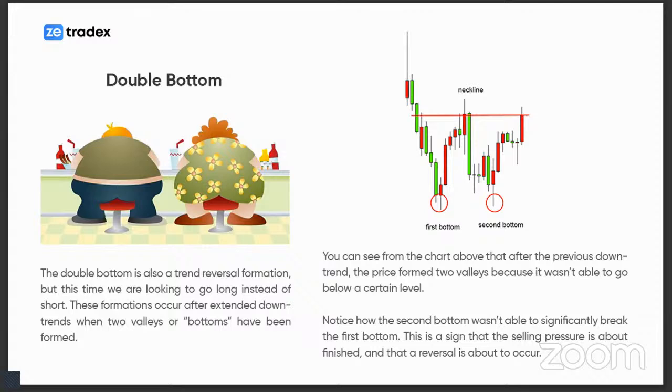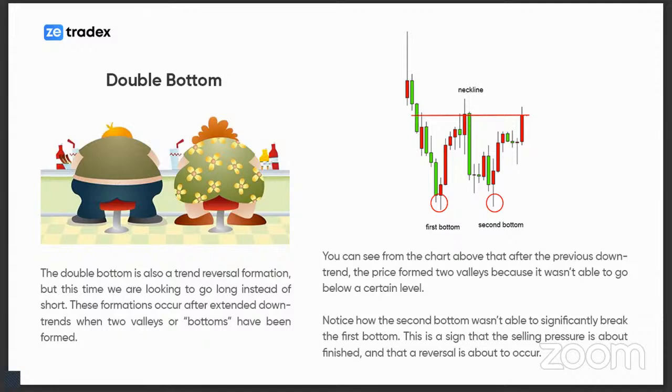The double bottom. Now, the same way we have double tops, we also have double bottoms. The double bottom is also a trend reversal formation, but this time we are more or less looking to go long instead of short. These formations occur after extended downtrends when two valleys, or bottoms, have been formed.